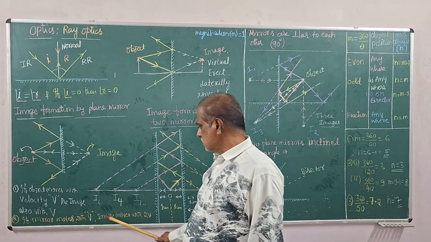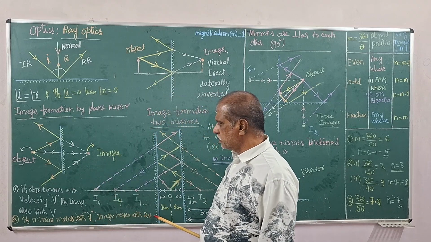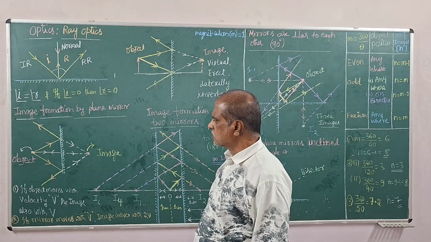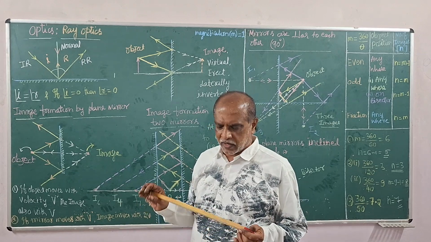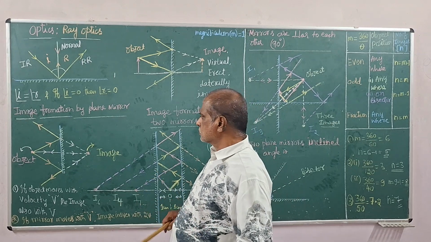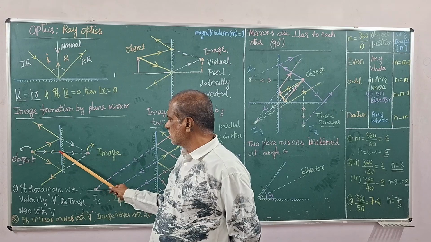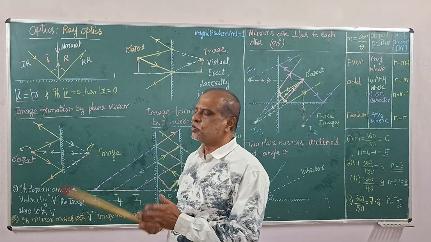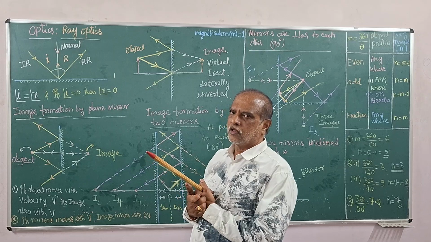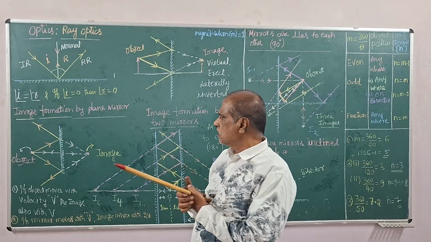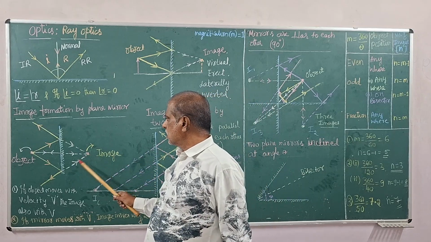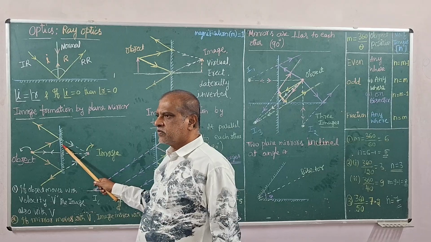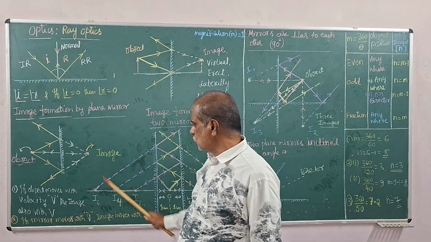That is, v moves with 2v. That is regarding the relative motion among these three: image, mirror and object. If the object moves with velocity v, the image moves with the same velocity. If the mirror moves with velocity v, the image moves with 2v velocity.